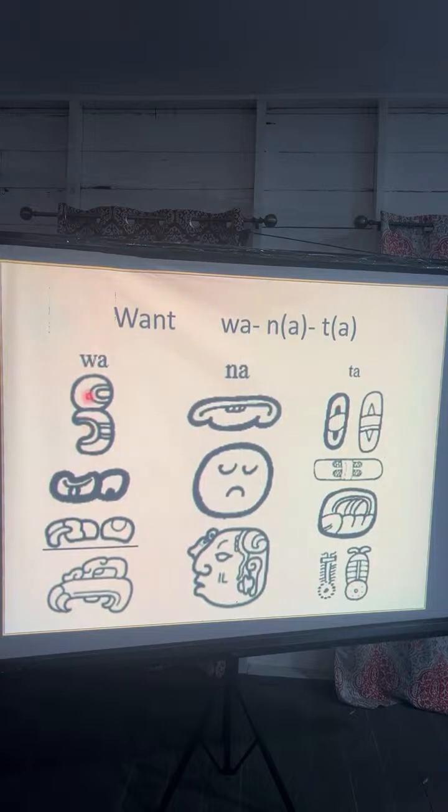You can rotate them. You could put this horizontal, or take this one and put it vertical. These are together. This is one glyph, that's one glyph, this is one glyph, and then this is one glyph.